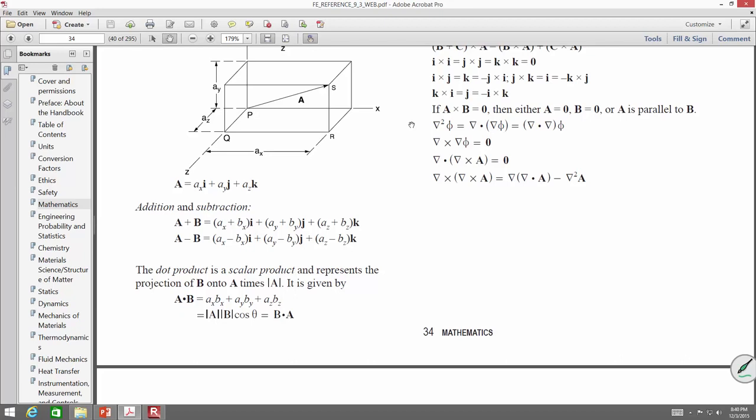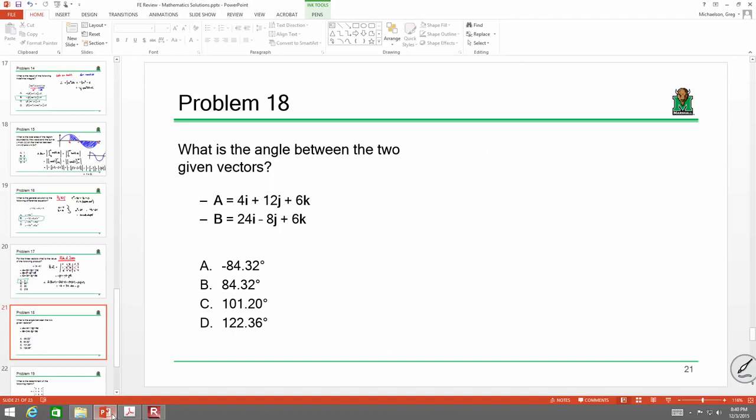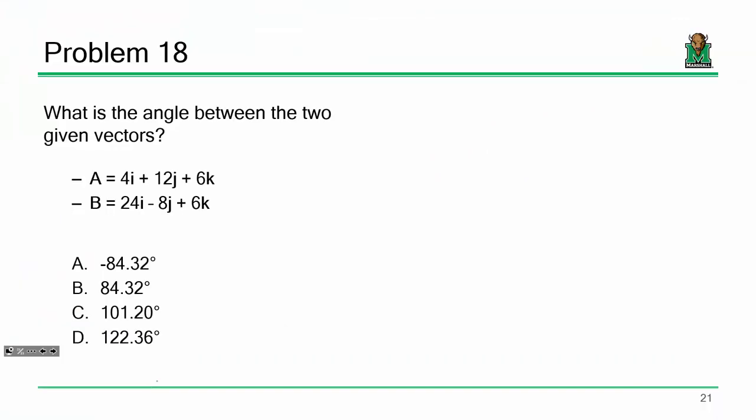Should I use a dot product or a cross product? The dot product, absolutely. So much simpler. All right, so let's go back to this. So let's keep this simple.